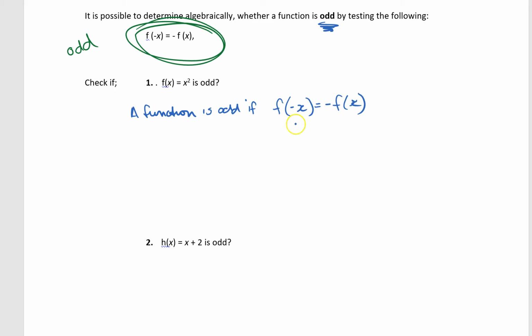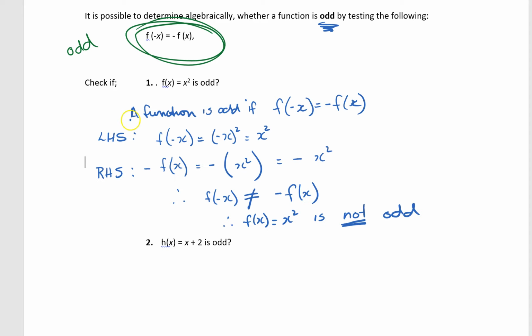So what I'll do in this case is I'll take the left-hand side and I'll work with it. Then I'll take the right-hand side and I'll work with it. And I'll see if they both end up equaling the same expression. I might just pause the video and write that up.